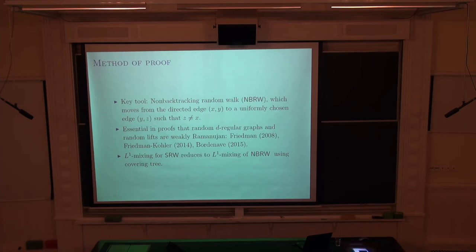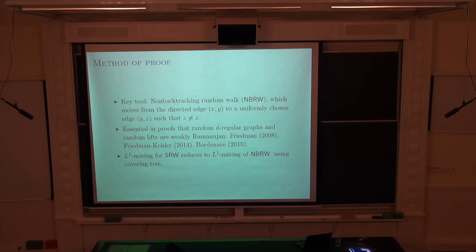So suppose I know that non-backtracking walk mixes on a graph. What does that mean? On the covering tree, I can take a certain level L, and if I project that level to the graph, I have mixed. So for the simple random walk, I just have to run for a time that is d over d minus 2 larger, and then I will be in some random level, and these random levels, when projected to the graph, are all uniform, and if I average a few uniform things, it's still uniform.